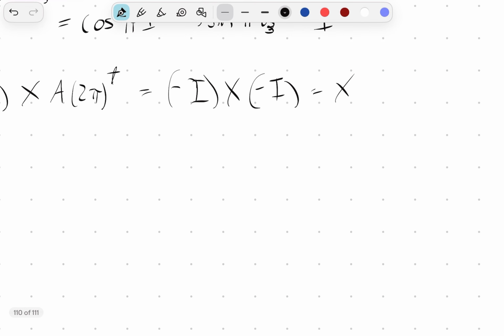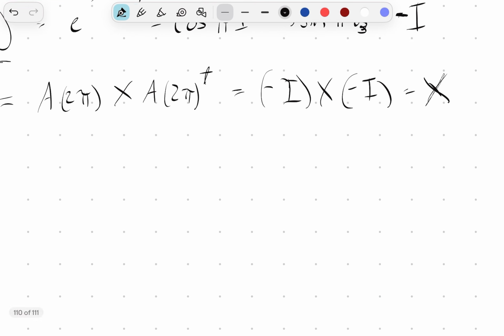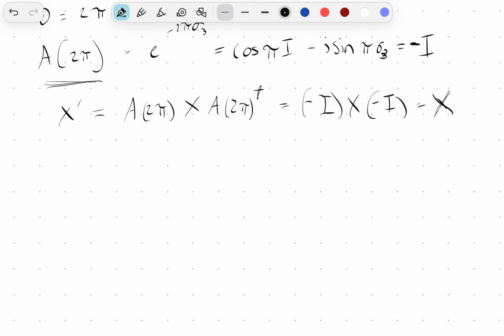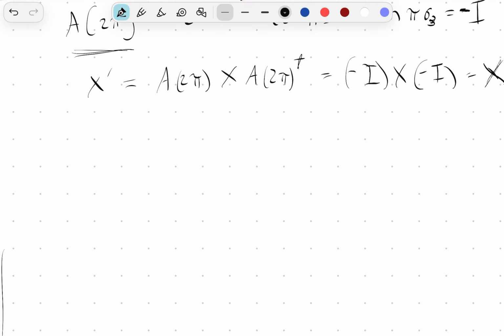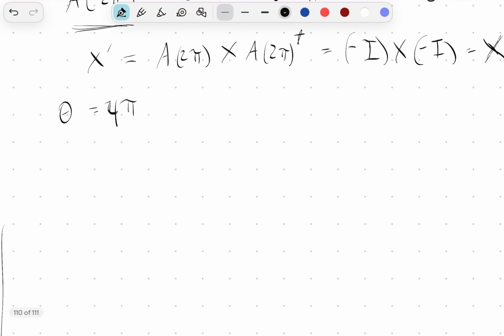So we still are left with this transformation giving that particular transformation, but if we did a complete second rotation, let's say 4 pi, this would give us a rotation of 4 pi, which gives us the positive identity, and the spinor will return back to its original value.